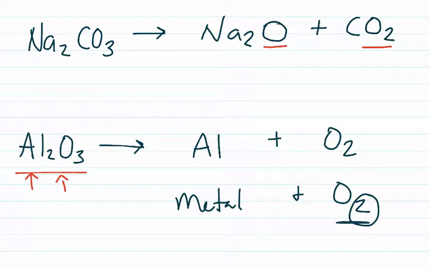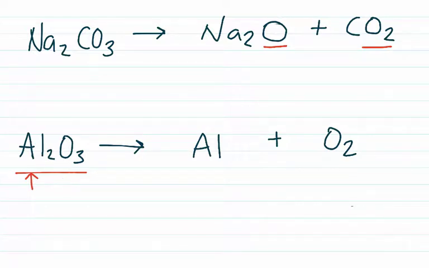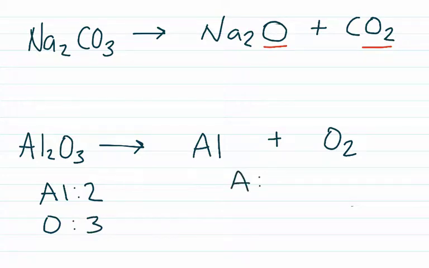Then we need to go back and balance this equation. So we have aluminum over here with 2, oxygen with 3. Over here we have aluminum with 1, and oxygen with 2. We weren't as lucky with this one already being balanced. When you have an element where one has 2 and one has 3, or one is even and one is odd, the easiest thing to do is switch those.